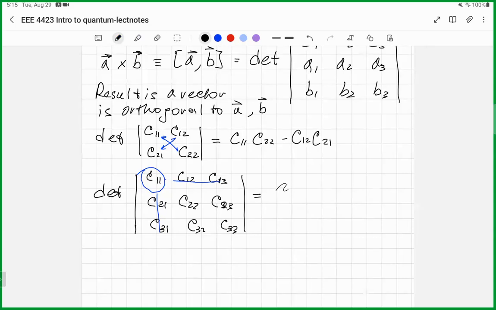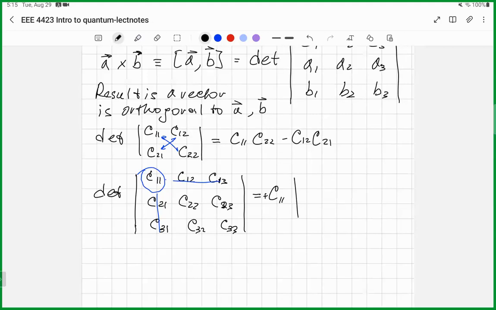So for the determinant, we write this element C11 with a sign. How do we define the sign of this element? For the element with indices 1 and 1, the sum of these two is equal to 2, and 2 is an even number, so we put plus before this element C11.